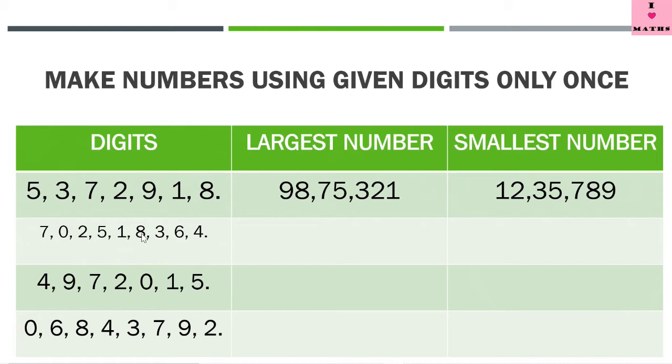But there's a problem. We have put 0 in front of the number. Now, children, just imagine if a number is written like this, 0, 0, 0, 8. How will you read the number?